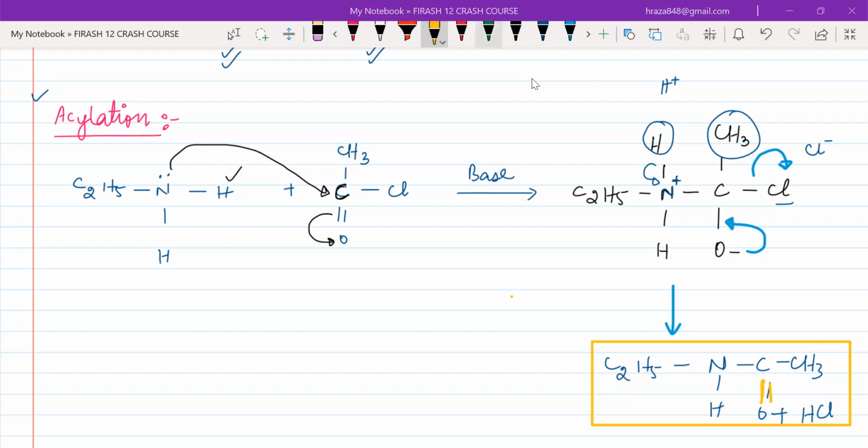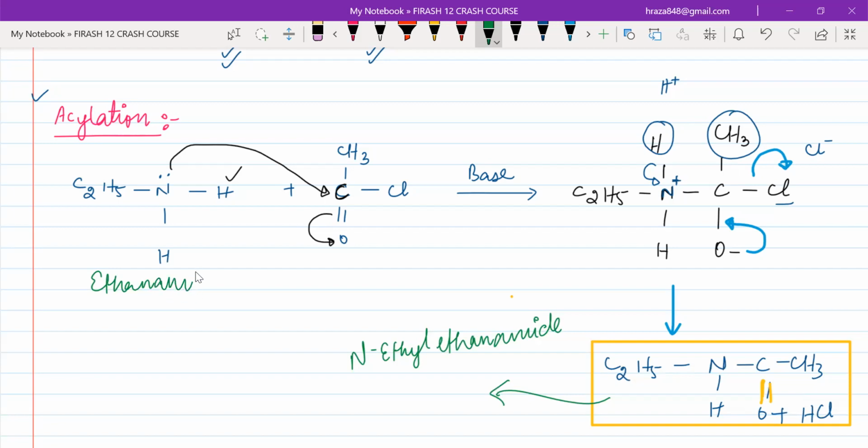Is that clear? So I'm going to write its name, which is N-ethyl ethanamide. And this is your ethanamide. Is that clear? Yeah.